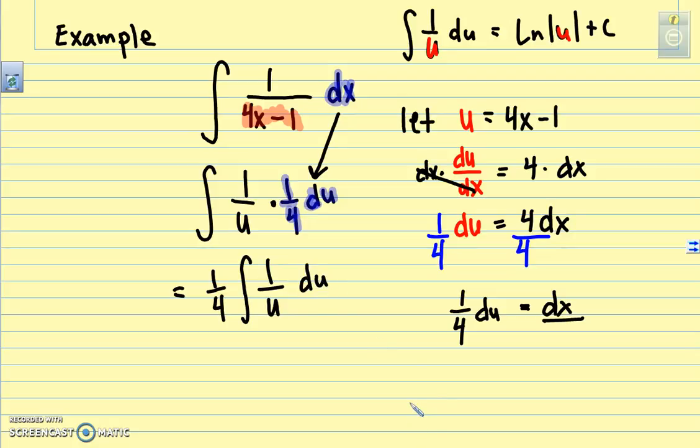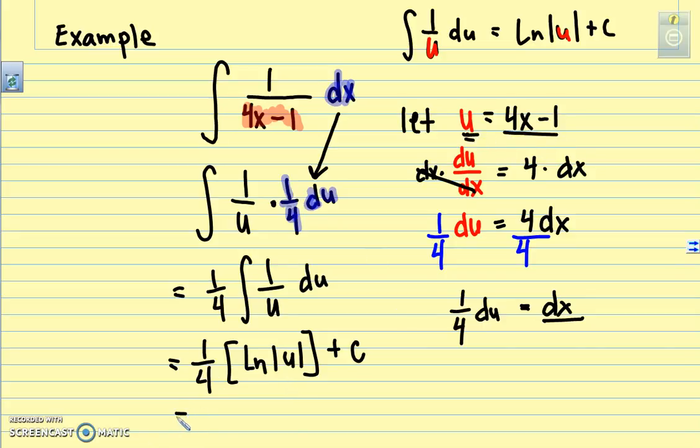This is the new integral that we have: 1/4 times the integral of 1 over u du. So this is 1/4 times the natural log of the absolute value of u plus c. But we know that u is actually 4x minus 1. That is the final answer.